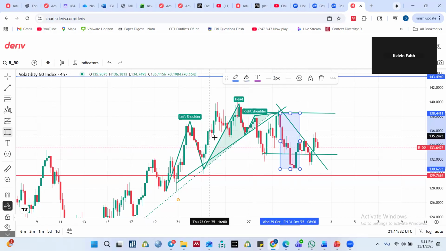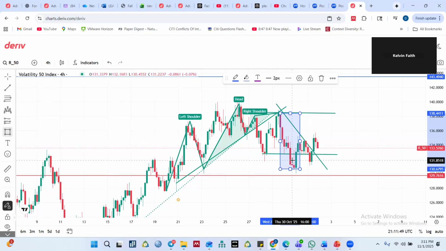For a head and shoulder, you will always have the neck tested and the right shoulder formed. Price will always pull up to sweep liquidity above the first right shoulder, and then you will have the big move.